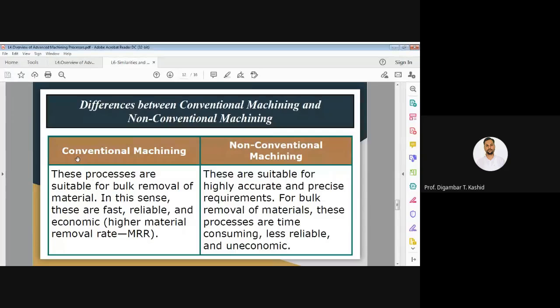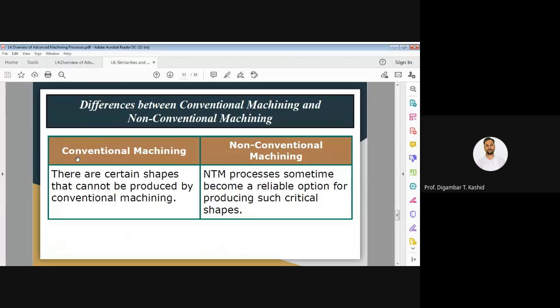Also, there are certain intricate shapes that cannot be produced by conventional machining, and non-conventional machining sometimes becomes a reliable option for producing such critical or intricate shaped workpieces.